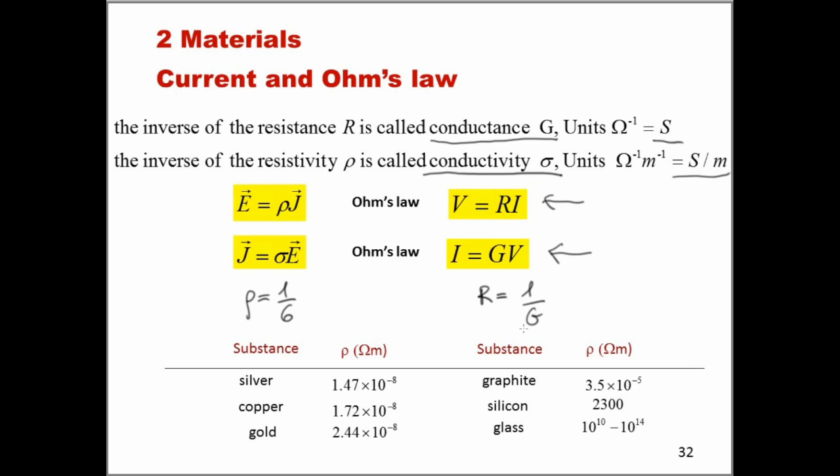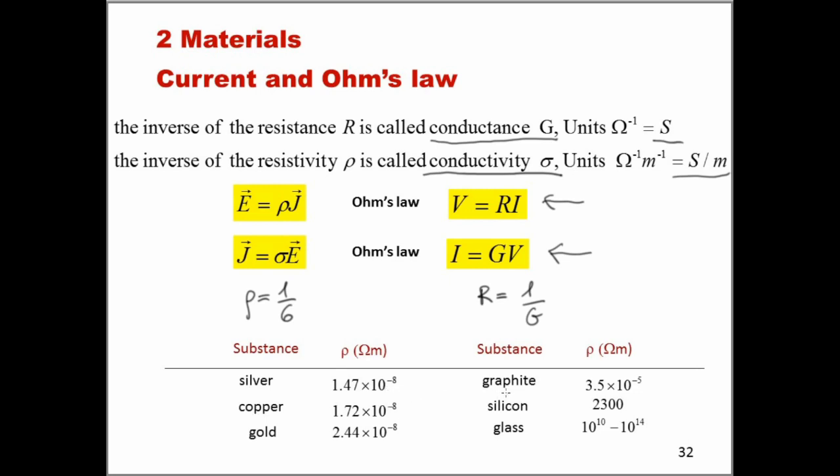Just for example, let us have a look at the resistivity values of some materials. We see here some characteristic metals: silver, copper and gold have extremely small resistivities, of course, because they are conductors.